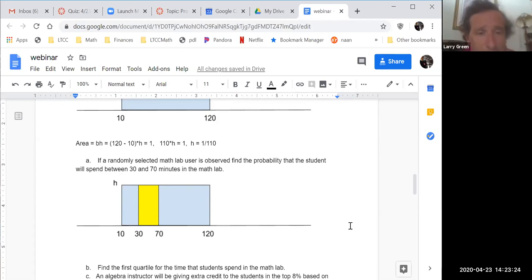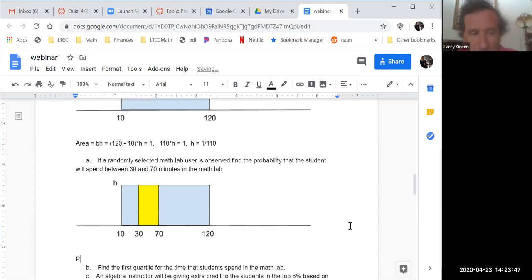So now we want the probability that it's between 30 and 70. Do you remember the definition of probability that we had at the beginning of this little talk? How do I find a probability? The hint is look yellow.